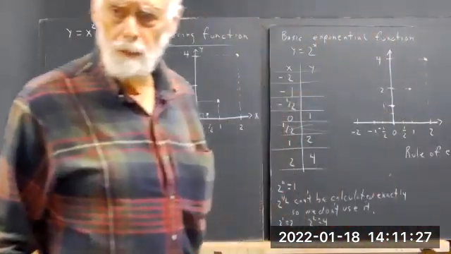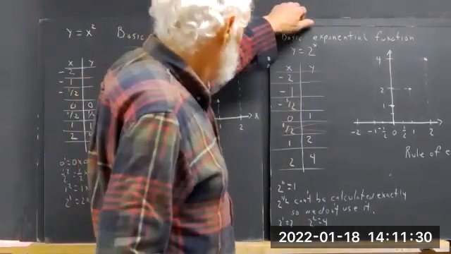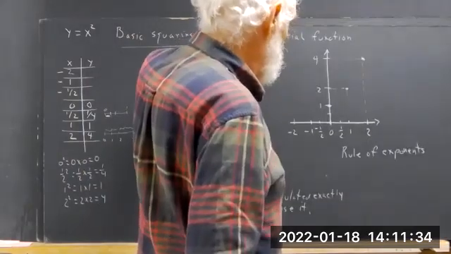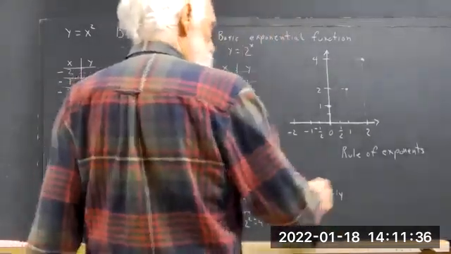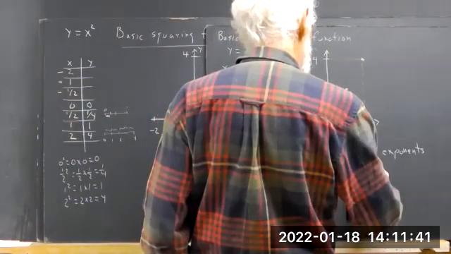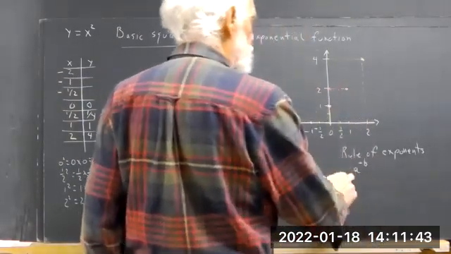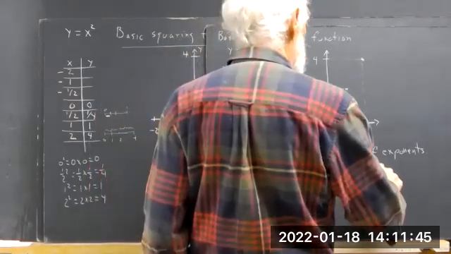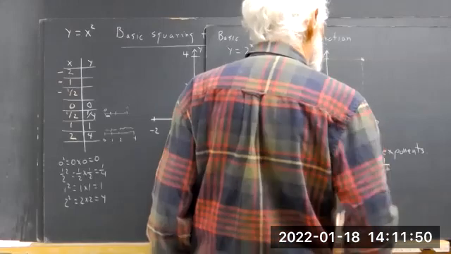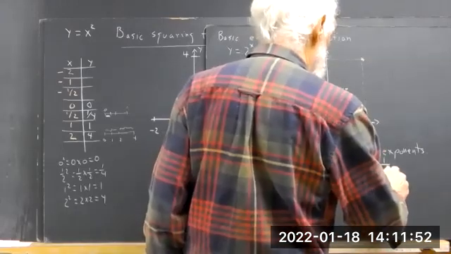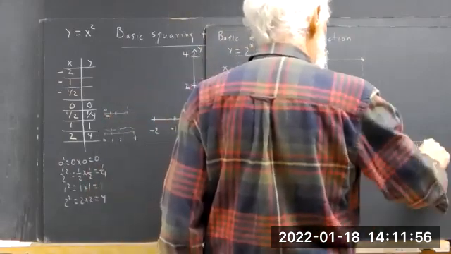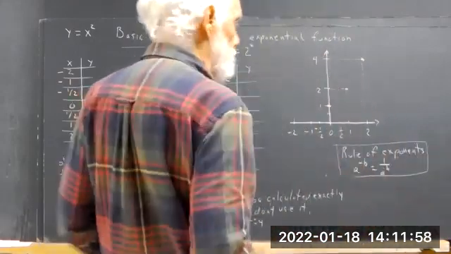We have a rule of exponents. Any number a raised to the negative b power is 1 divided by a to the b power.